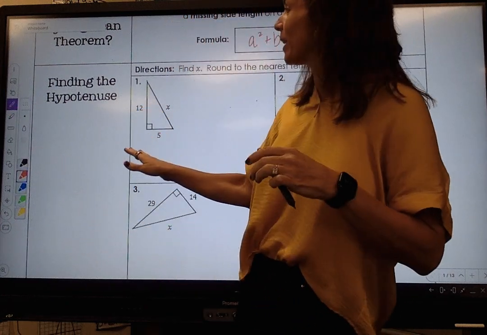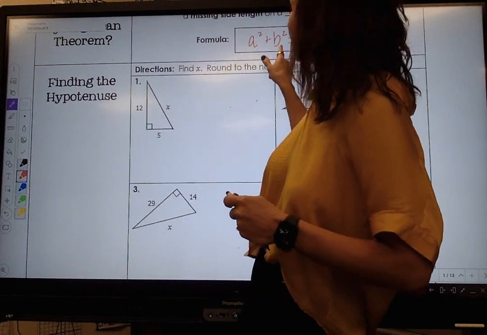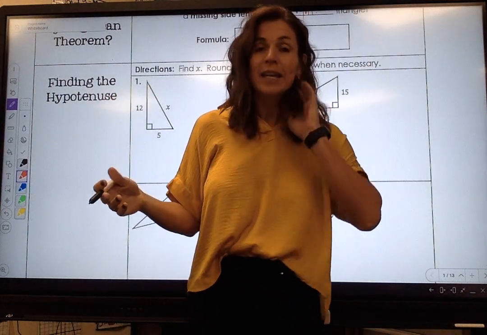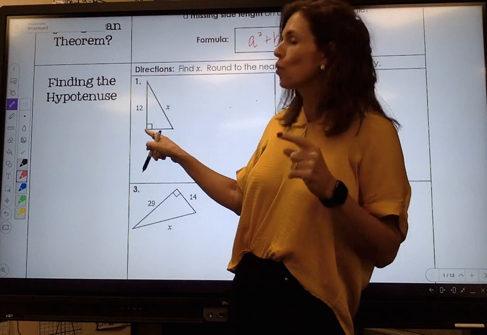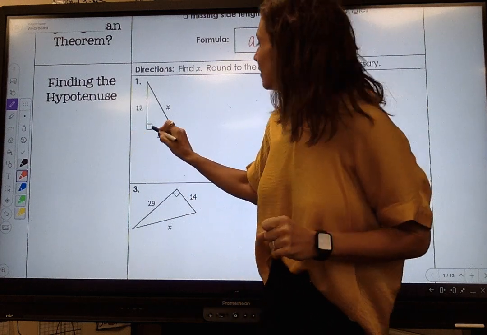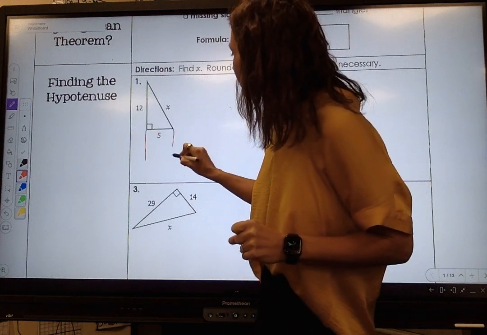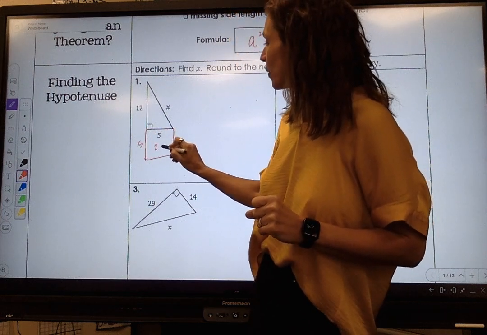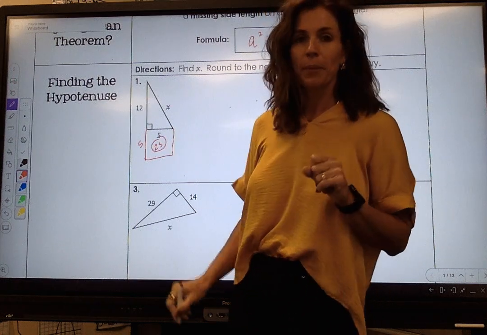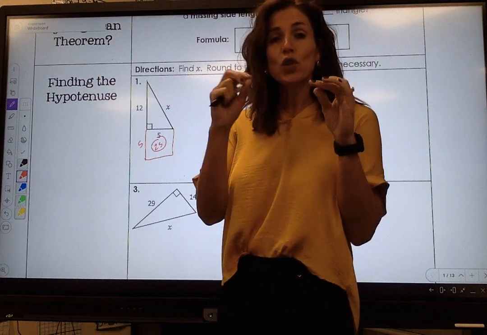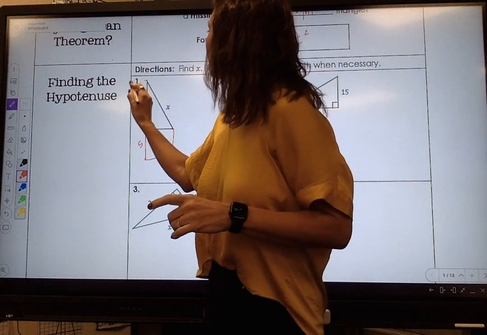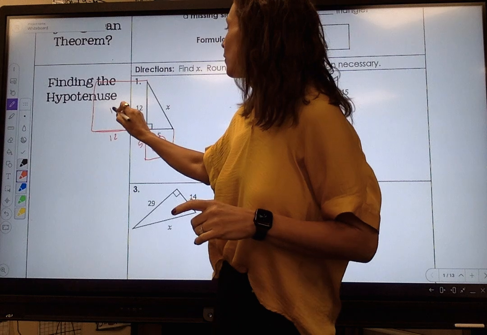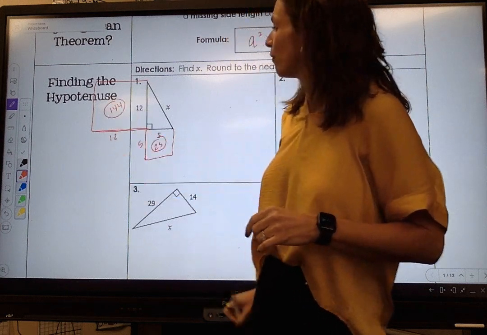So this is really what A squared plus B squared equals C squared means. Pythagoras, who invented this formula, said that if you square the legs of a side, so let's say we square this, if this length is 5 and this length is 5, the area of this square is 25. And then he said, if you square the other leg, so this is 12 and this is 12, this would be 144.